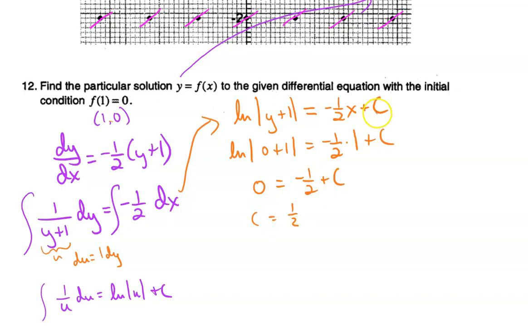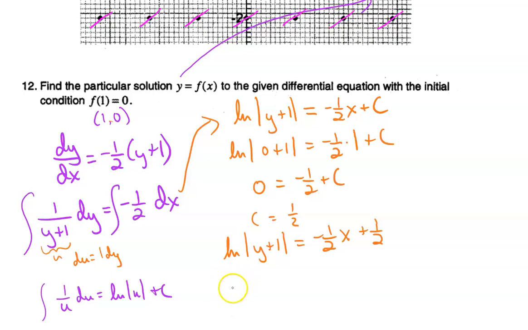So now when I plug this back in right here, I still don't have y isolated, meaning I'm going to have to do that algebra to solve for y at the end instead of at the beginning of the problem because I haven't written my general solution yet. So I end up with the natural log of the absolute value of y plus 1 equals -1/2 x plus 1/2.